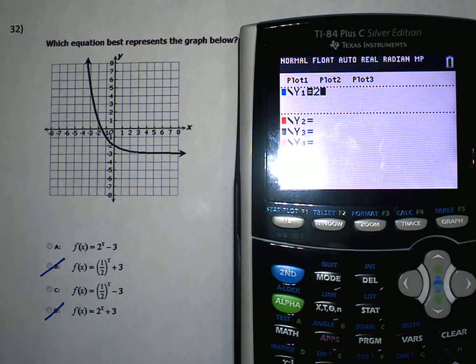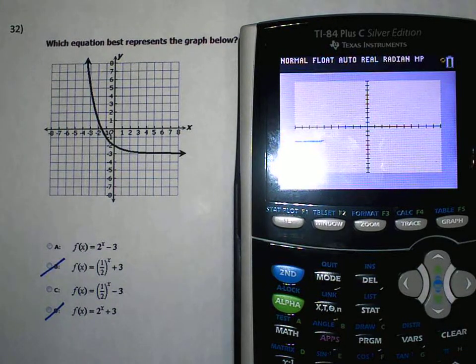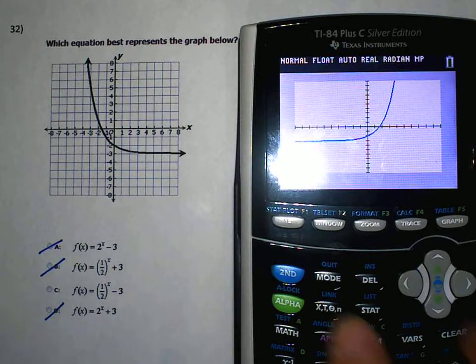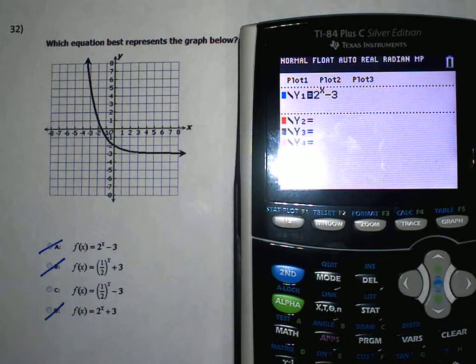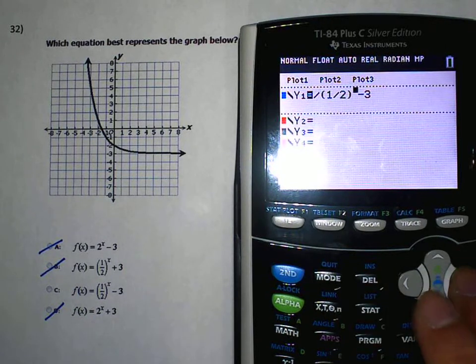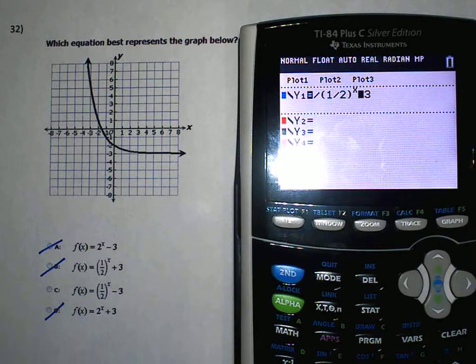So let me go ahead and try to graph 2 raised to the x minus 3. And take a look at the graph. And already it doesn't look like it at all. So it's definitely not A. I crossed out B earlier, but let's double check to make sure it's not B. So I have 1/2 in parentheses raised to the x, and then plus 3.